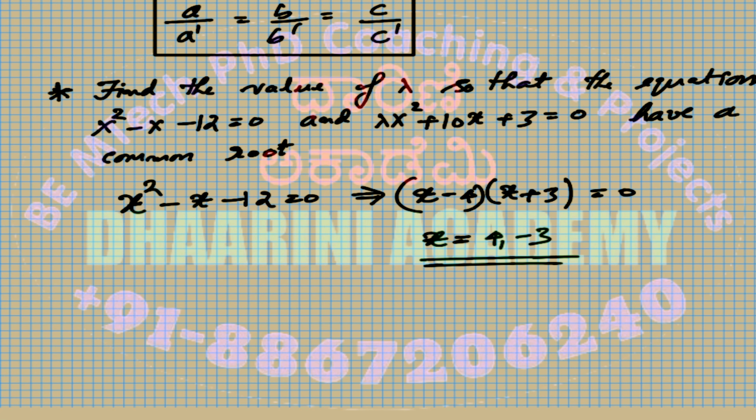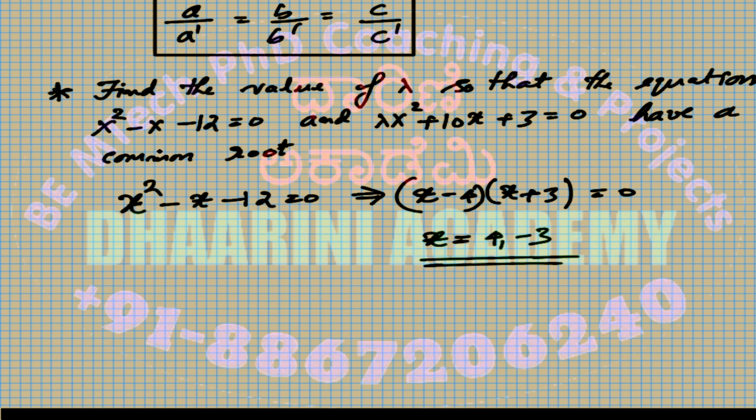So a I am supposed to calculate by putting this into the second equation. So we have two options here. So if say 4 is the common root, then you see that 4 has to satisfy the above equation, right?